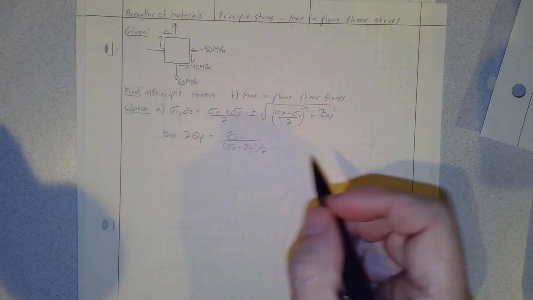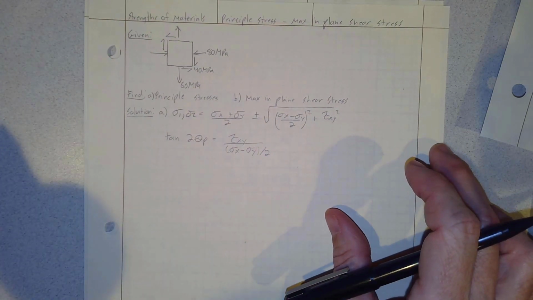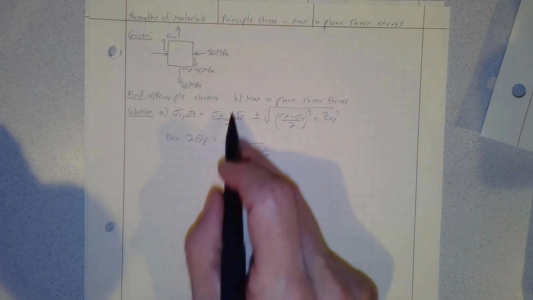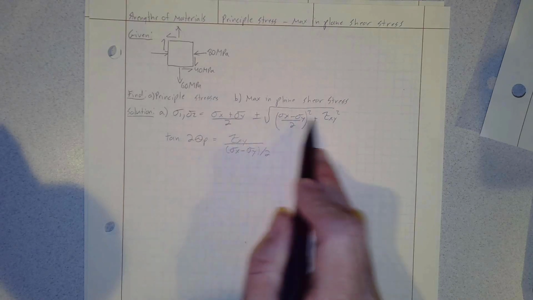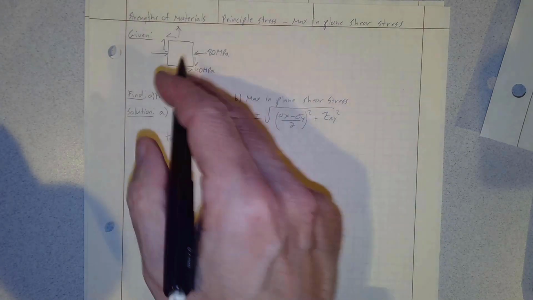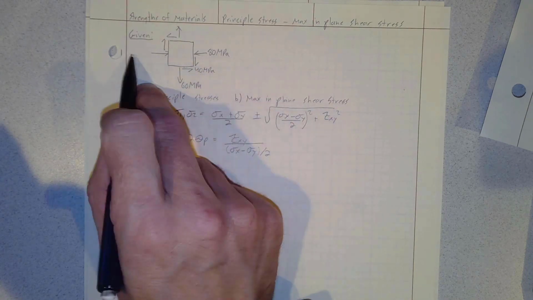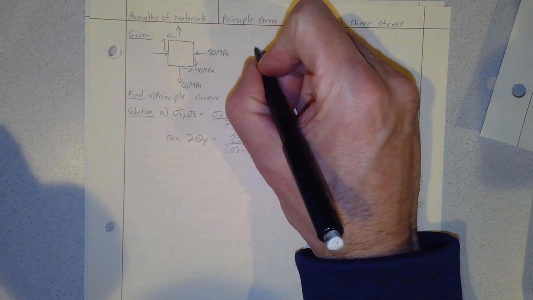Okay, so let's just start plugging some numbers in here, and as we work through this problem, hopefully this will all make sense. Using our sign convention again, in each of these equations the values we need to plug in are sigma x, sigma y, and tau xy. So sigma x, in this direction, is 80 megapascals, but compressive, so it's negative.